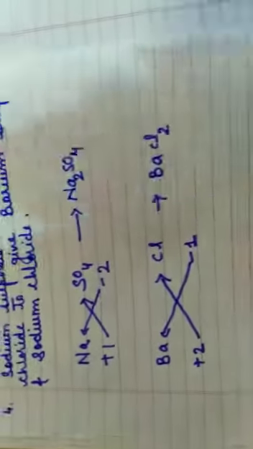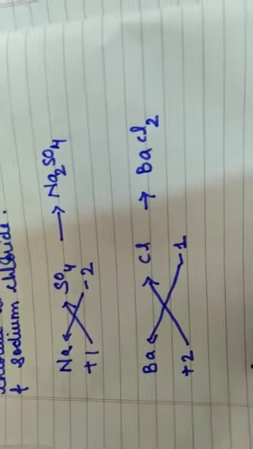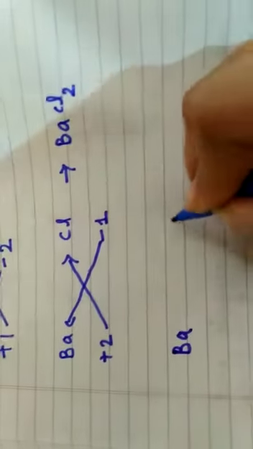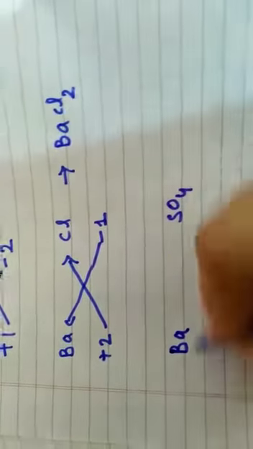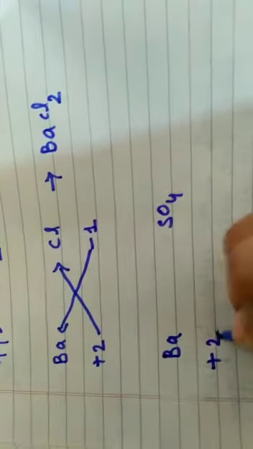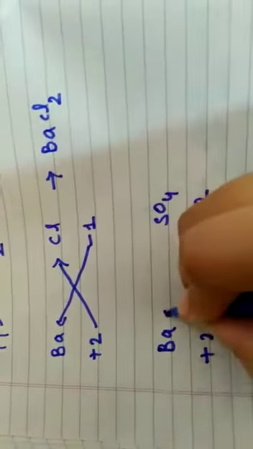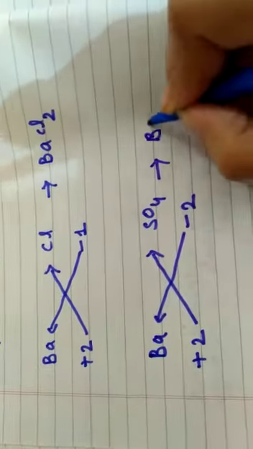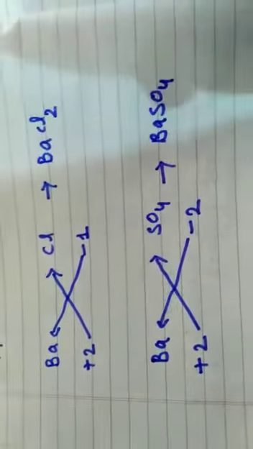Now barium chloride reacts to give barium sulfate. How will you write barium sulfate? Again, write barium here and sulfate here. Barium is +2, sulfate is -2. They will cancel out and the formula will become BaSO4.